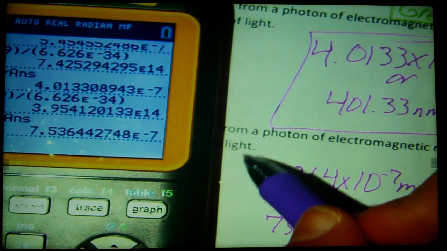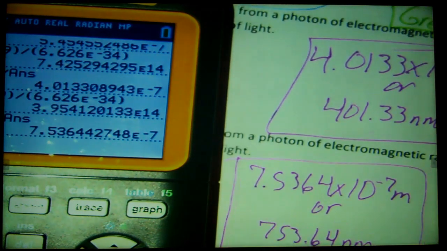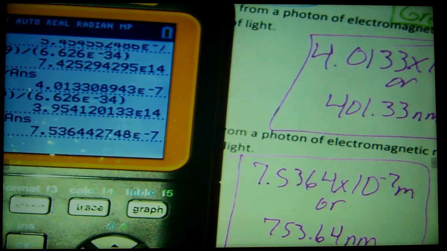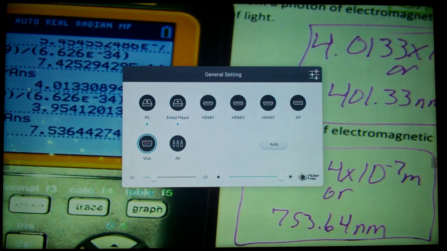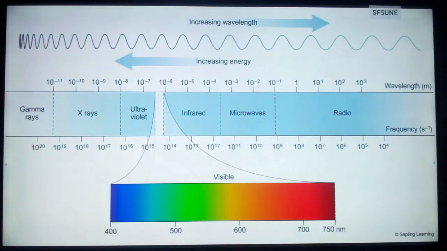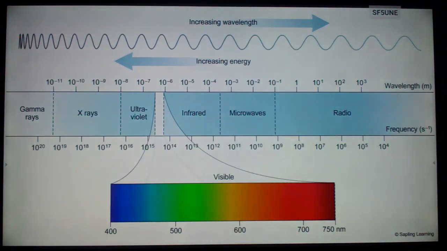Now remember, these numbers are not always going to be helpful for you. We always put it in nanometers to try to make life easier for you so we don't get mixed up like I did that day. So 753 nanometers.